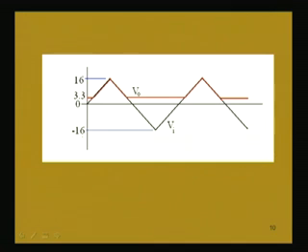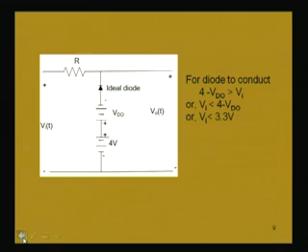We have seen that when Vi is less than 3.3 volt, the diode will be conducting. Now, when it conducts, what will be this voltage? This voltage is nothing but 4 volt positive minus 0.7 volt, which means 3.3 volt. So, the output voltage will be clipped at 3.3 volt when the diode conducts.